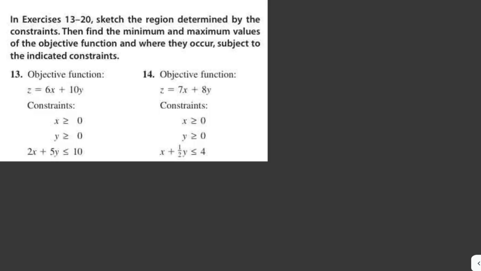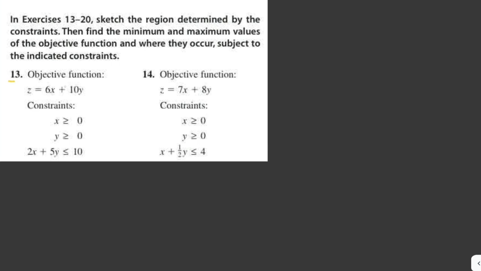All right, let's solve some problems here. In exercises 13 and 14, sketch the region determined by the constraints. Then find the minimum and maximum values of the objective function and where they occur subject to the indicated constraints. So let's solve number 13 first.